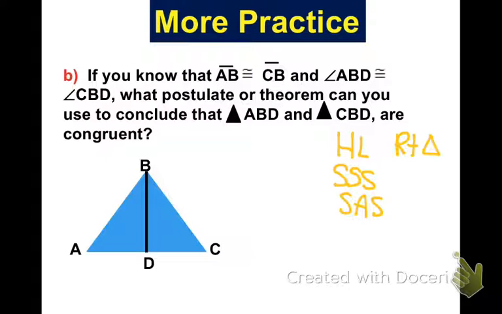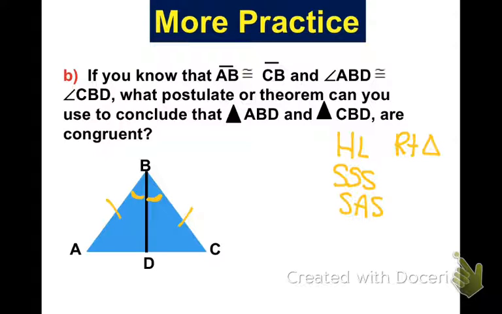So if you know that AB is congruent to CB and angle ABD is congruent to CBD, what postulate or theorem can you conclude? So triangle ABD is supposed to be congruent to CBD.